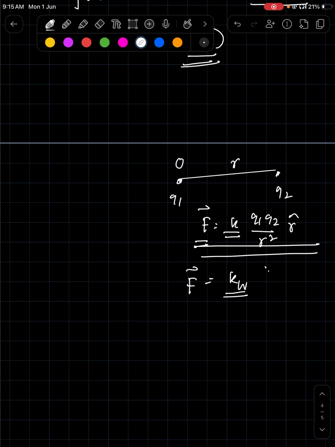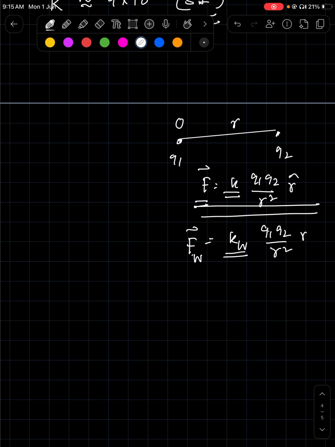So the force becomes Kw Q1 Q2 by R square into R cap. I'm going to designate the force as Fw, the force between the two charges in water. Now we compare the magnitudes of the two forces by taking the ratio of their magnitudes. So Fw by F, we are going to consider.